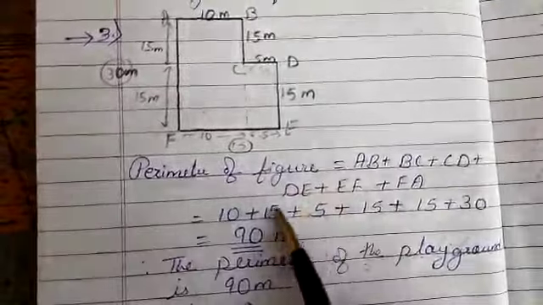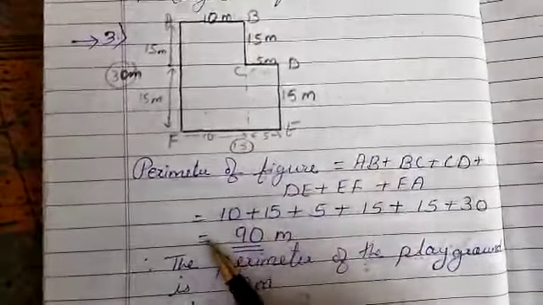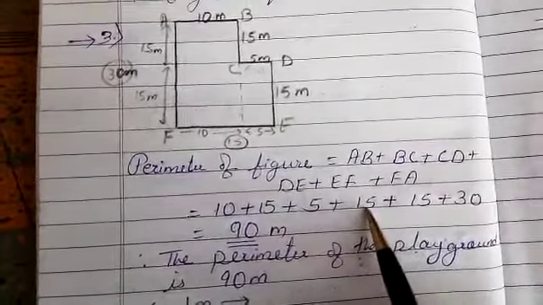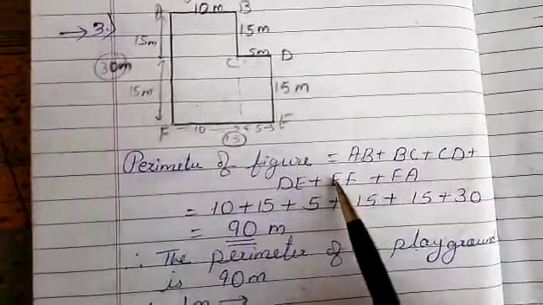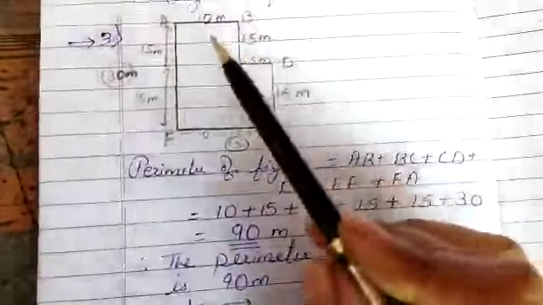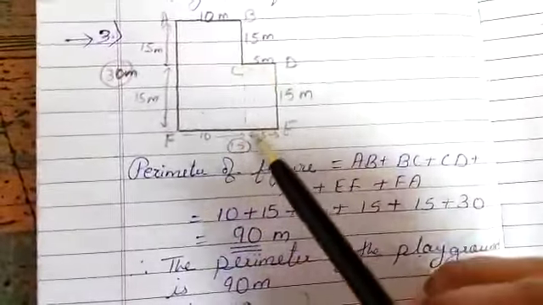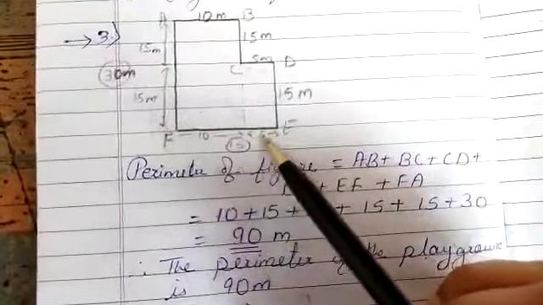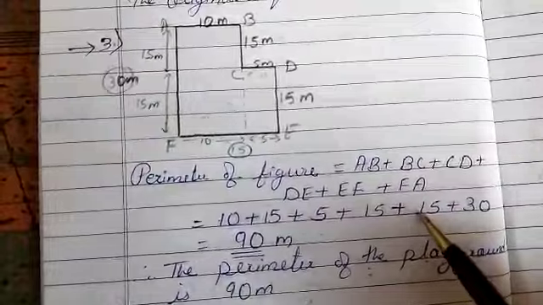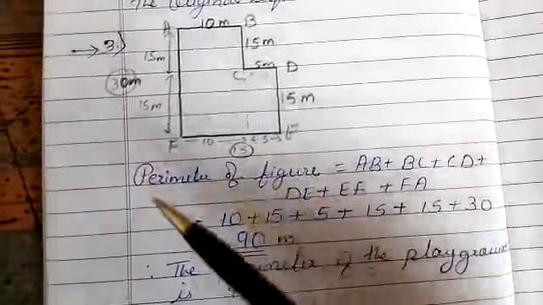Now let's put the values. AB is 10, BC is 15, CD is 5 and DE is 15, and EF. Do you know EF? No. Just see, AB is 10 and CD is 5, so you just have to add these two. You will get 15, so I have written 15 here. Now the next one, that is FA.